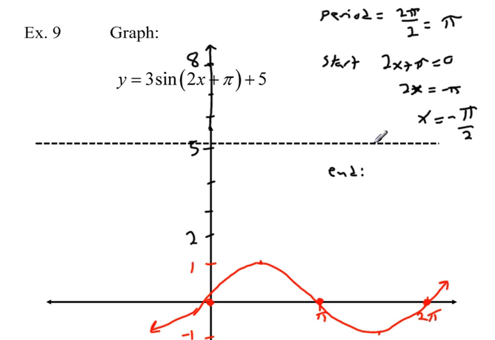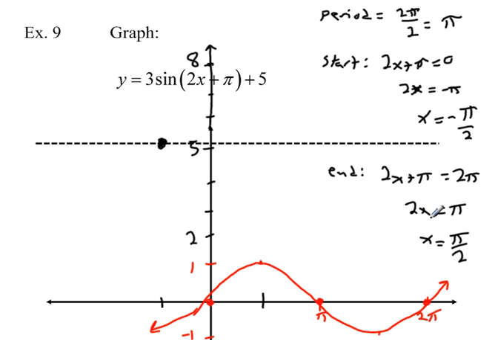And your new ending point, we'll set 2x plus pi equal to 2 pi. If we subtract pi from both sides, we get 2x equals pi. Divided by 2 gives us x equals pi over 2. All right, so instead of starting right here at the origin where we normally would, we're going to start pi over 2 units to the left.